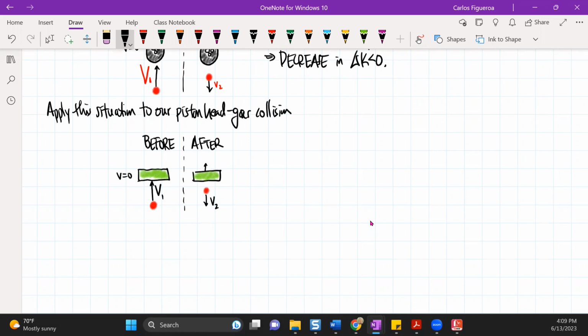So from conservation of momentum, the gas is moving slower after the collision.